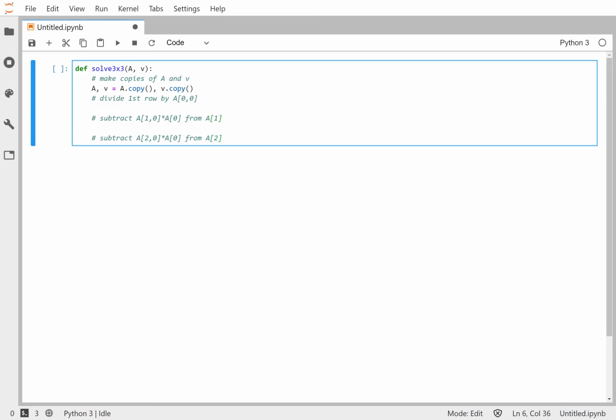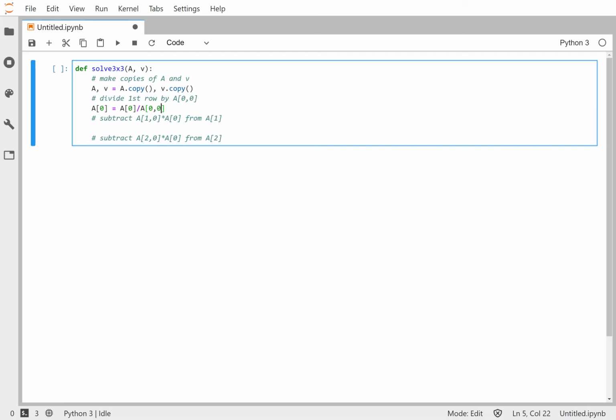Okay, and the comment here is actually really similar looking to what the code is, with the important distinction that we also have to change V if we change A. So let's just write out the A part here, and then we'll do the V part. So the new first row in my array is going to be equal to the old first row, but dividing it by A00. Okay, simple enough.